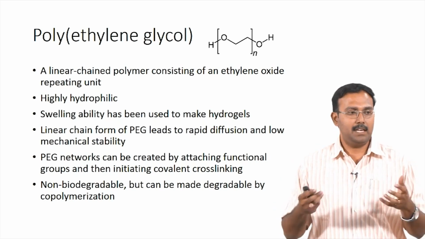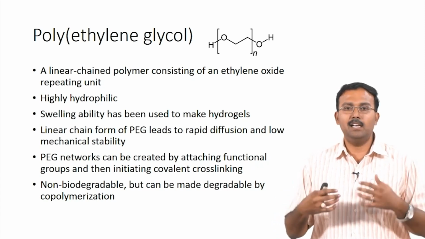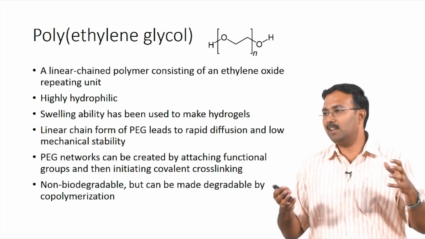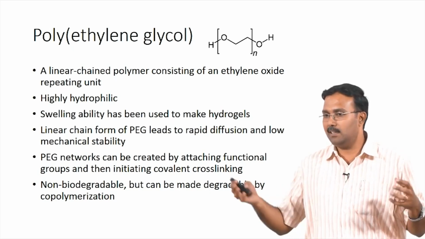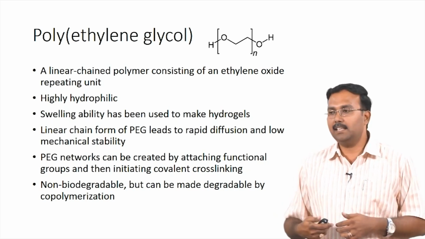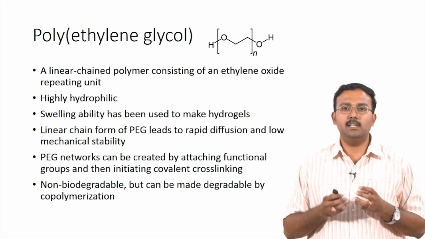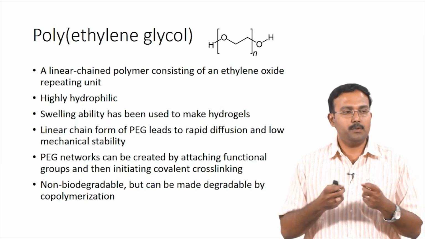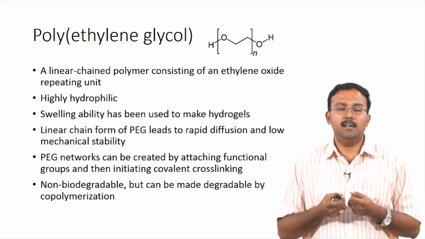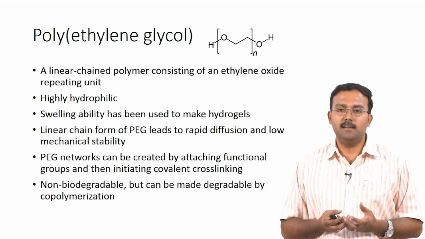The advantage of that is it will have very limited diffusion problems, right? If the network can swell very nicely, nutrient transport is going to be very effective. But the other side of it is the linear chain actually leads to rapid diffusion of the material outside of it, which means it just dissolves away and it has very low mechanical stability.